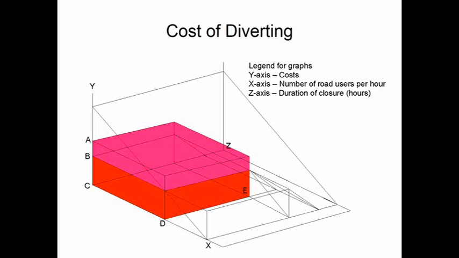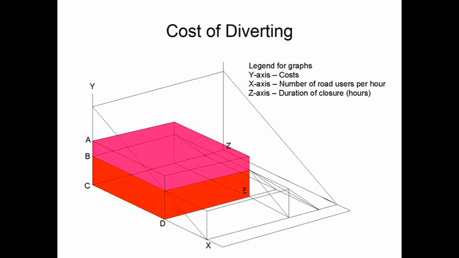So you look at the x-axis, this is the number of road users, and this is where cost of not traveling comes in. So below that line, y to x, that we got there, will be your costs of not traveling. As you can see, from C to D, the cost of diverting is actually less than not traveling. So those users between C and D would rather divert than not travel.